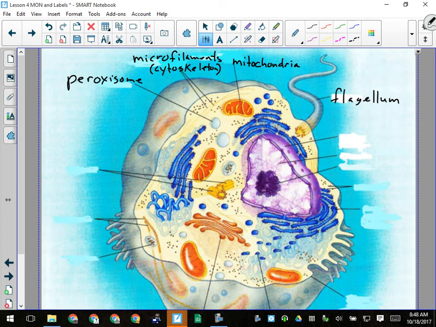All right, the next three things have to do with the big purple thing. What's the big purple thing? There's a special layer that goes around the outside of the nucleus. What do we call any outer layer when we're talking about parts of a cell? It's a membrane. So this first one is the nuclear membrane.